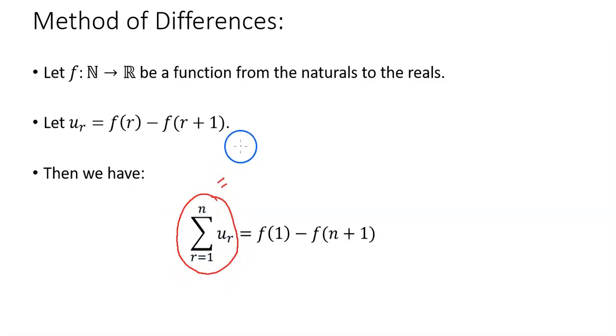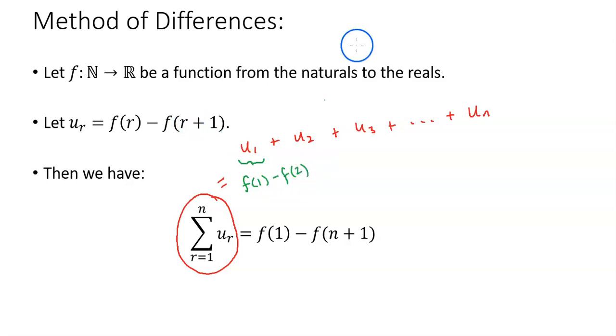Because this is equal to u1 plus u2 plus u3 all the way up to un. And by definition, u1 is f(1) minus f(1 plus 1), so minus f(2). u2 is f(2) minus f(3).